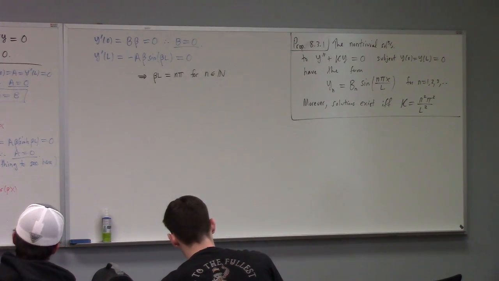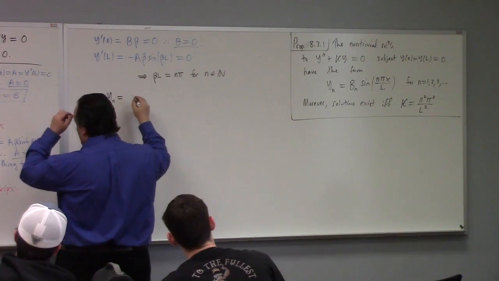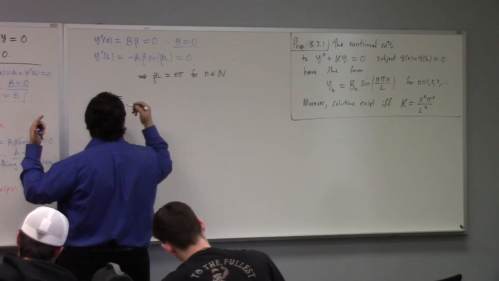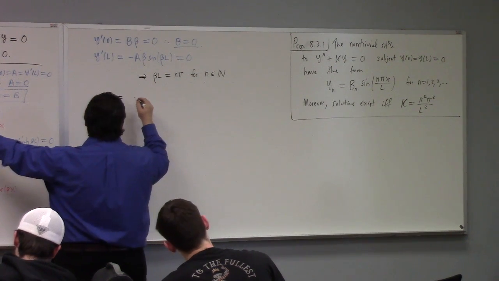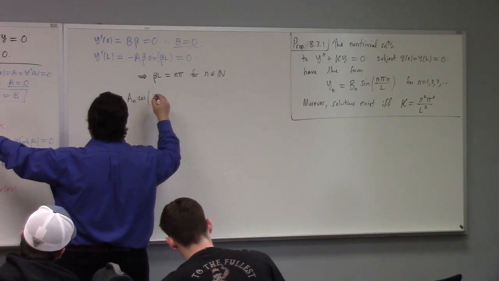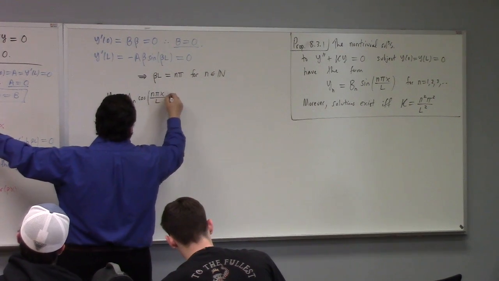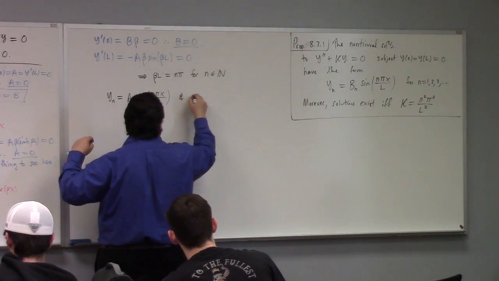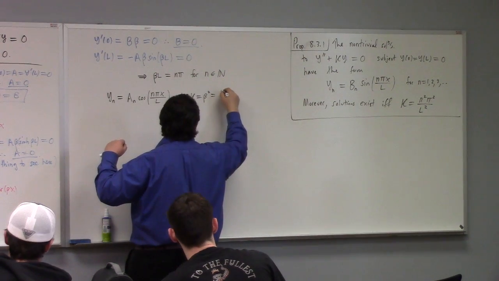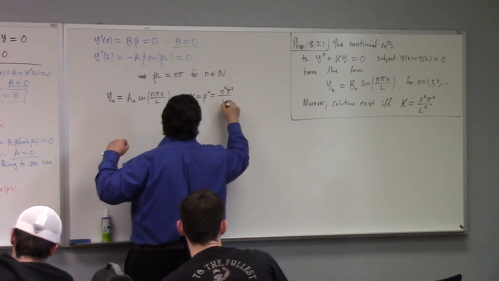Lo and behold, we find that we have solution y_n equal to, let us say, a sub n cosine of n pi x over L, right? And k, of course, is equal to beta squared, which is n squared pi squared over L squared, right?